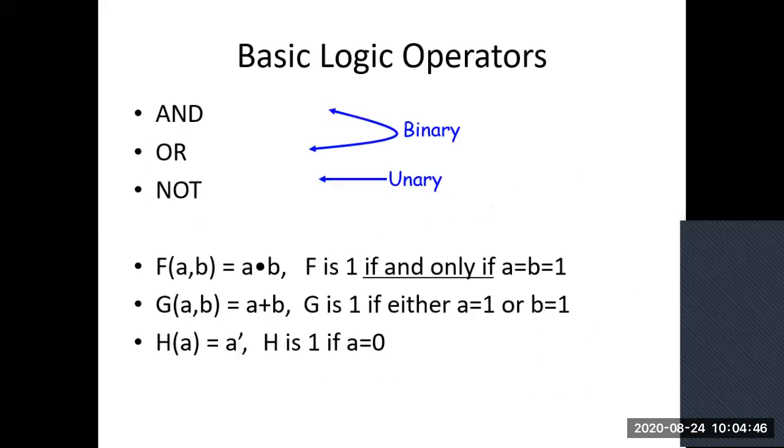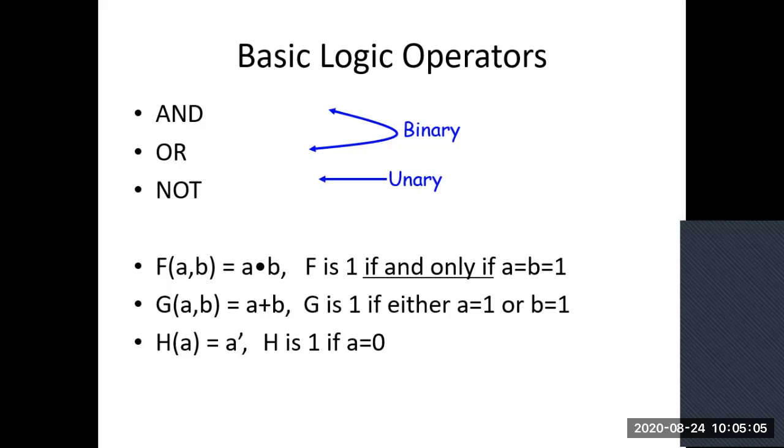AND gate, OR gate, and NOT gate are basically three operations which you need to be very clear about. AND and OR gates are binary operations, and NOT is a unary operation.